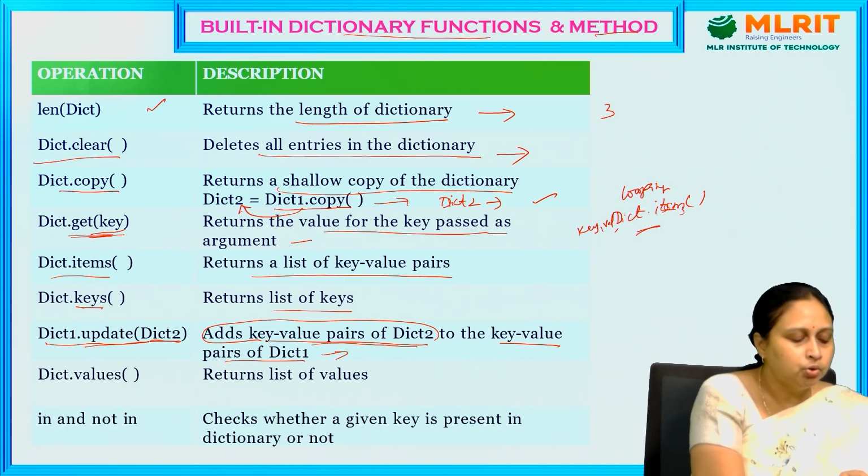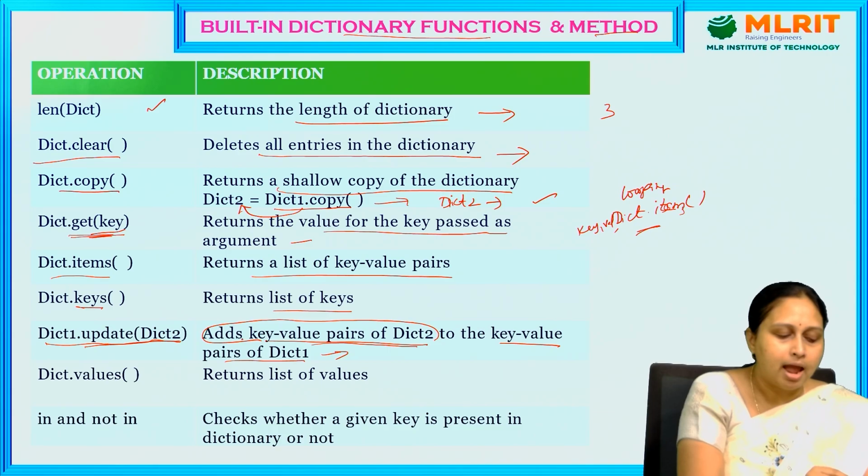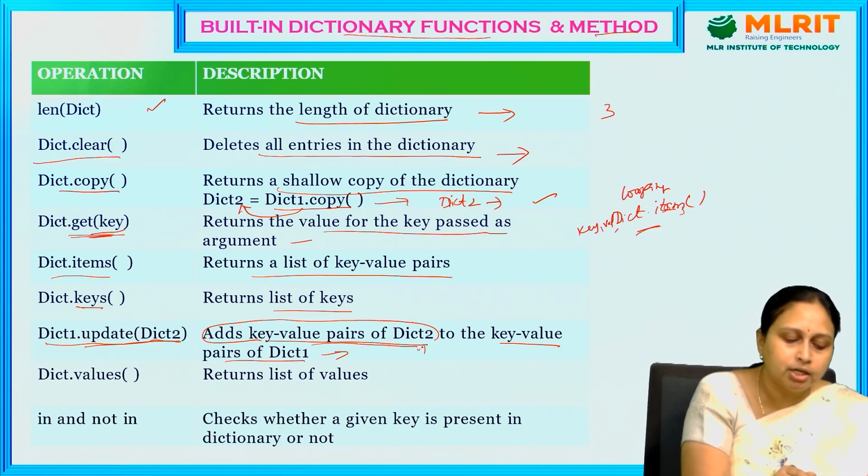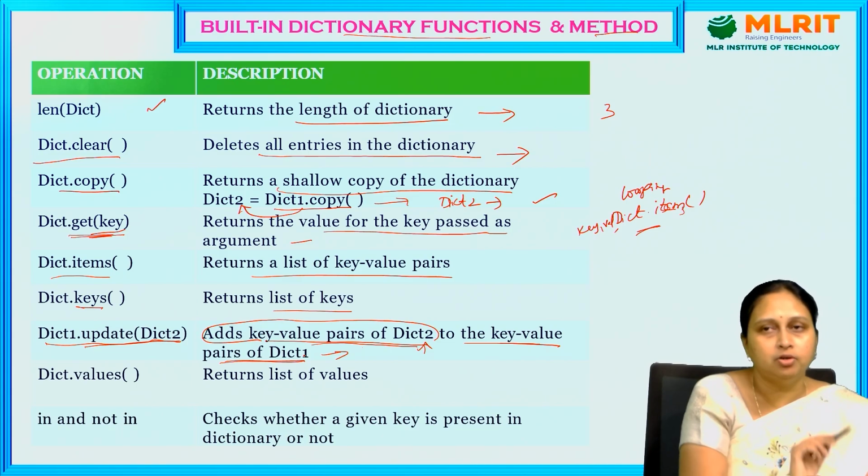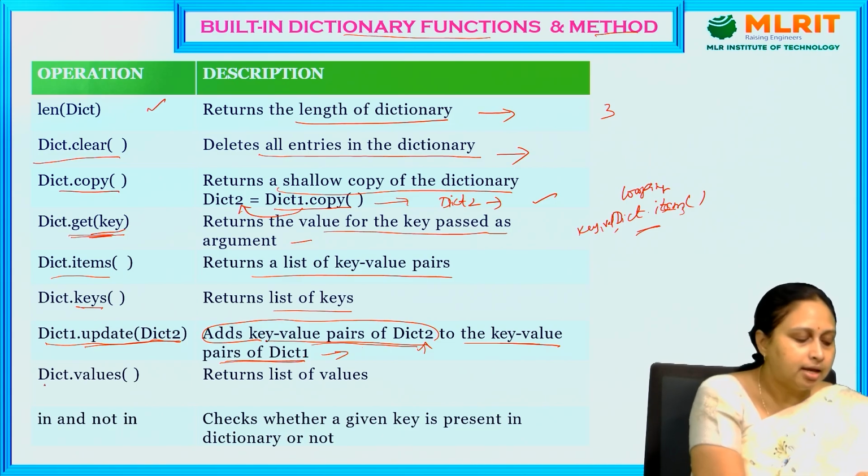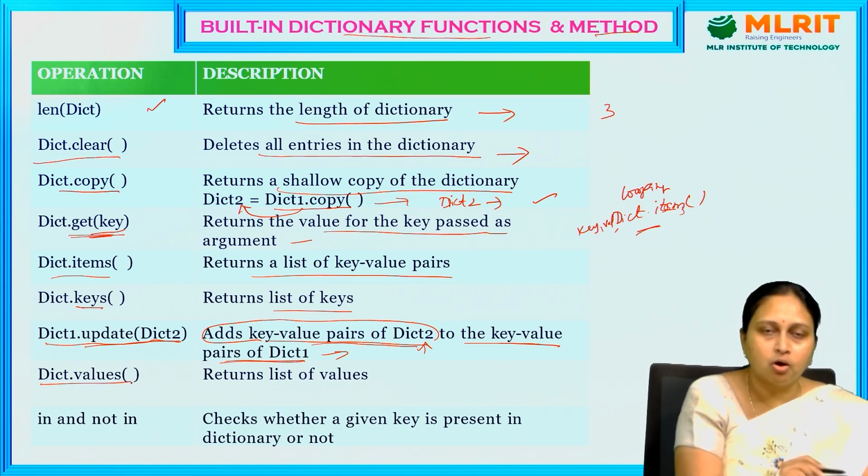And the other one is dictionary.values. It returns only the values of the dictionary that were present.